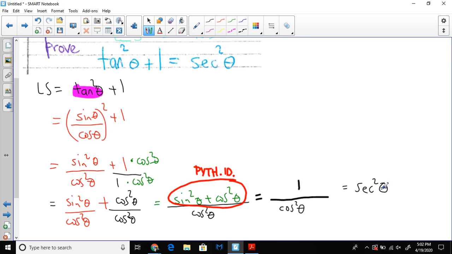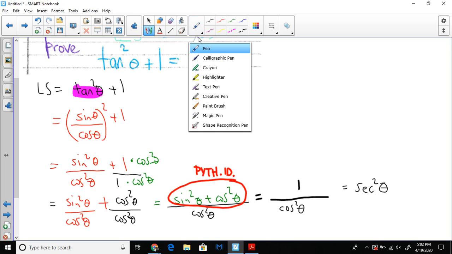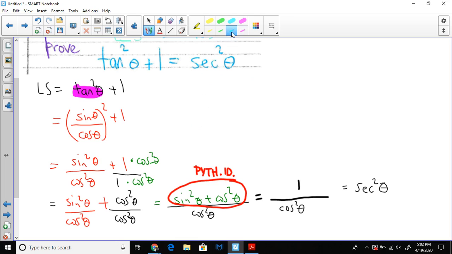So see how we've started with the left side? If I highlight the areas where we changed stuff, where did I change? I used an identity right here, and then where else did I use an identity? Right here. And what did I do here?